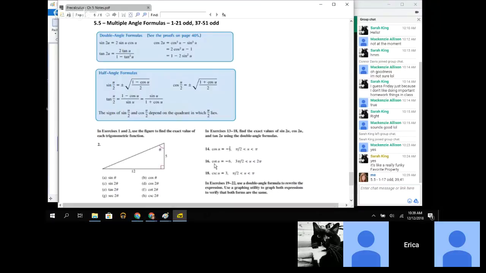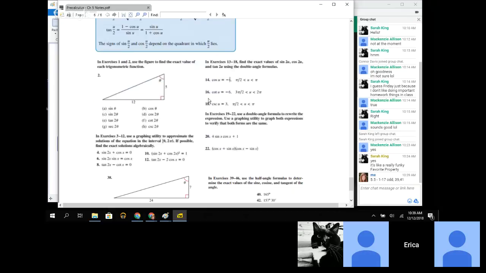Okay, so let's go through a couple of these so you can see. Let's do number 14. The reason I'm skipping a little is because 14 covers number 2.